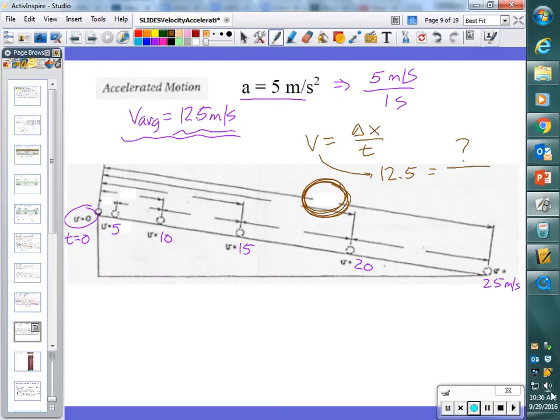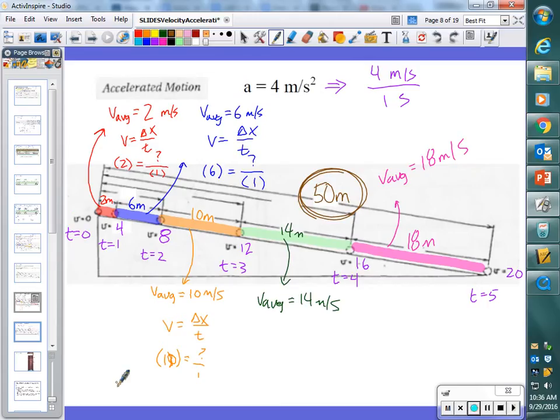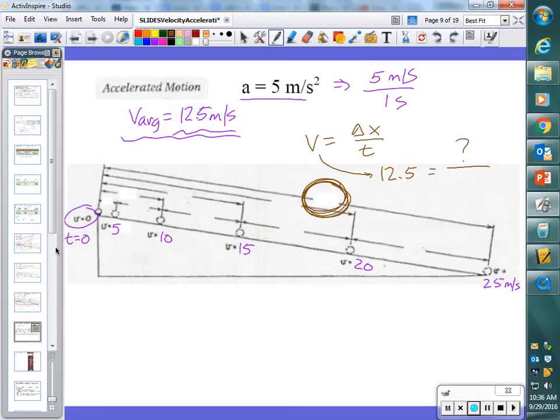And now we include a time. When we were calculating all of these individual displacements from each interval, the time was always what? 1 second, because each one of these intervals represented 1 second worth of time. Here, though, how much time are we talking about if we're relating it to the entire ramp? 5 seconds.